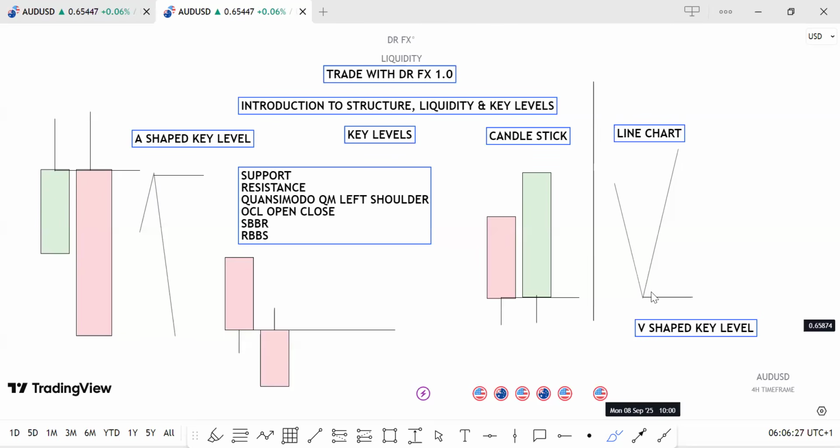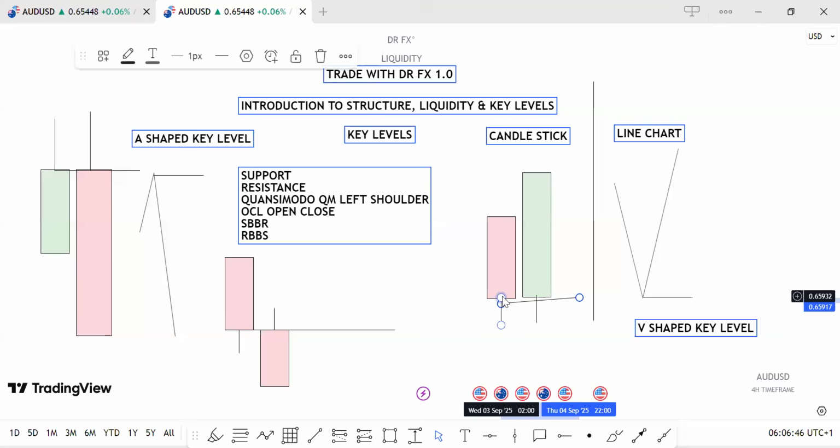Now, secondly, if you come to the line chart, what is it going to look like? A V shape, right? So it's a V-shaped key level on the line chart. Now, why is the line chart very important? The line chart is very important regardless if you know it on the candlestick chart, because sometimes they're not going to be equal. This one and this one are not going to be equal. This one might decide to be like this.